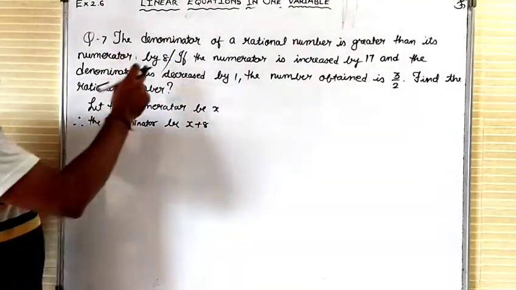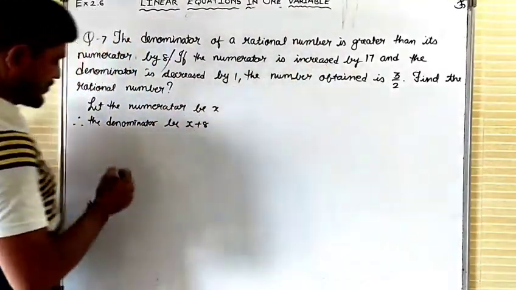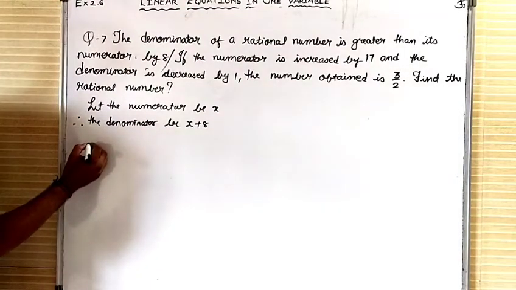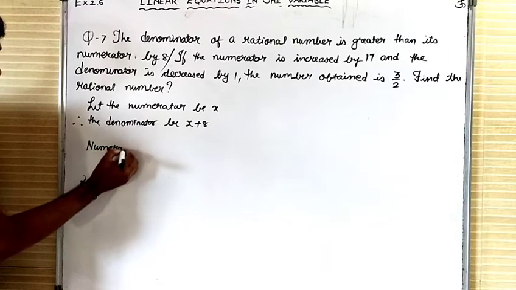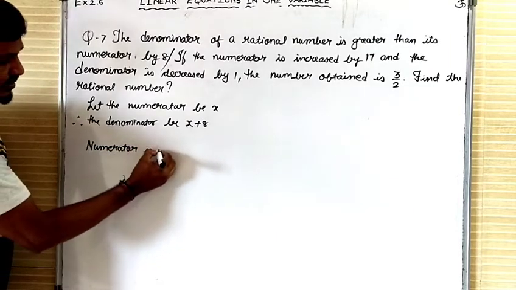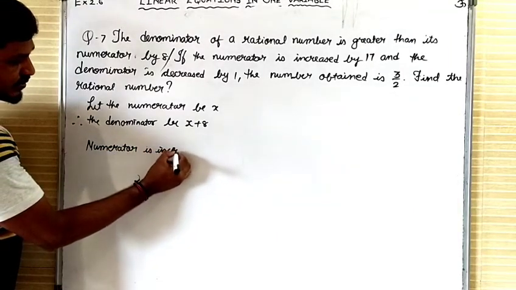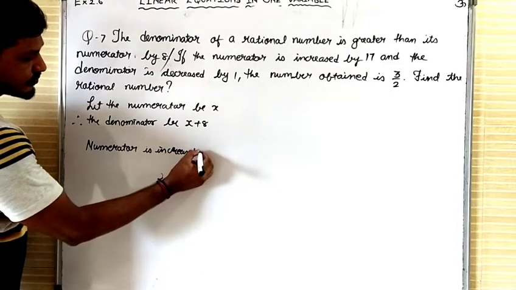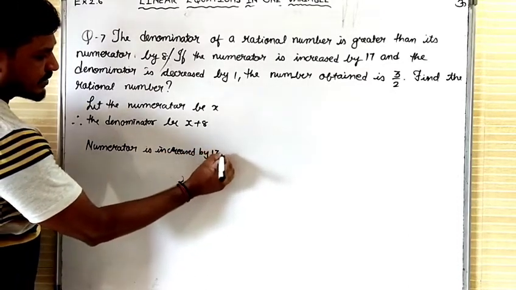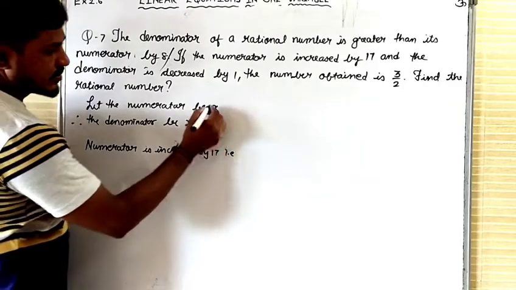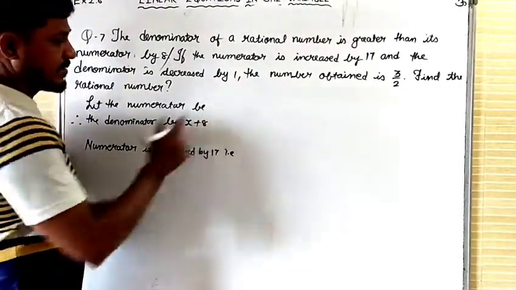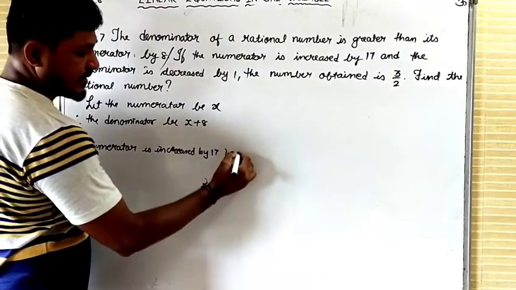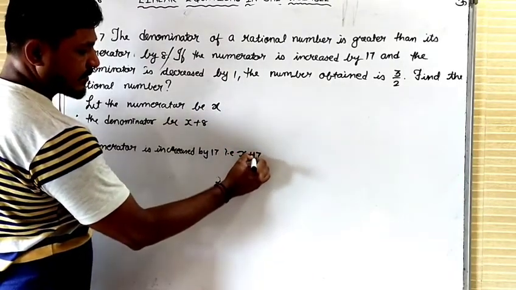Now if the numerator is increased by 17, so write down over here: numerator is increased by 17, that is numerator is x, increased by 17, so adding 17 to it, that is x plus 17.